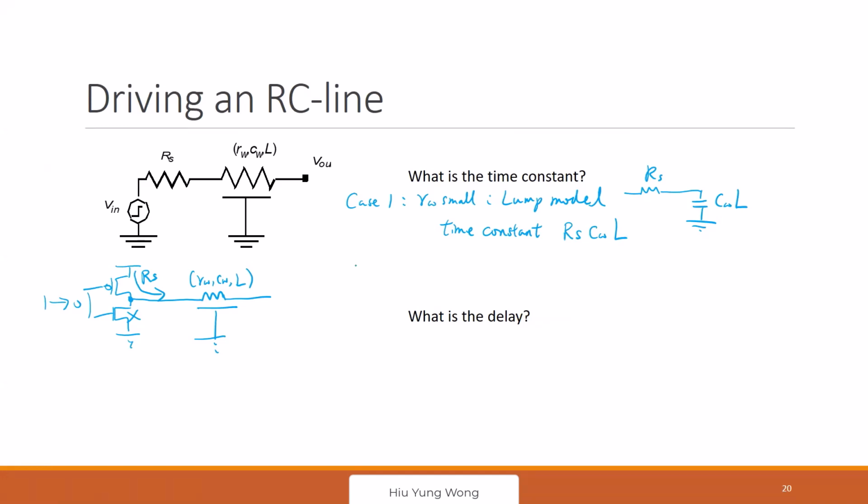But at the same time, when Rw is not small, there is additional delay due to the wire.